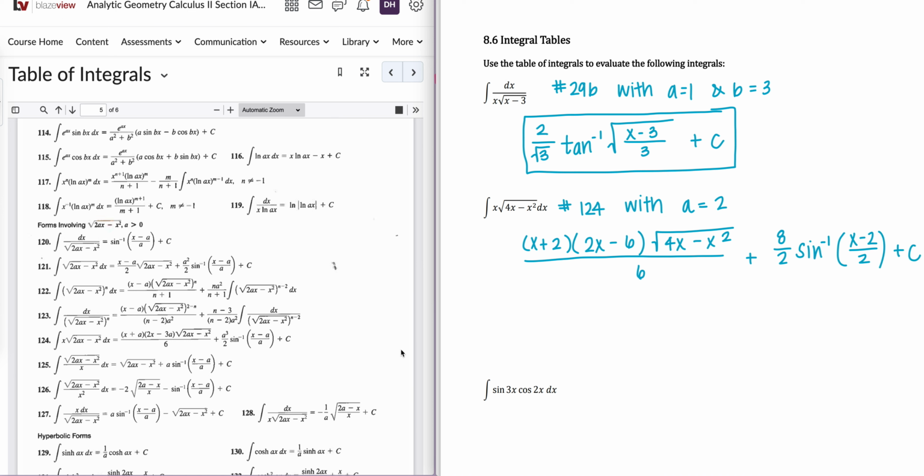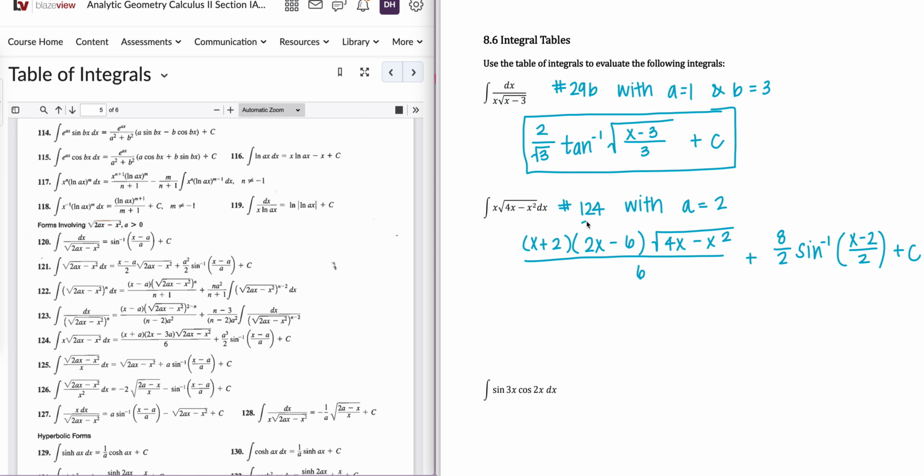Now this one, I will go one more step. I'm going to clean it up a tiny bit, and very obviously 8 divided by 2 is going to become a 4. But also here in the first term, the 2x minus 6, I'm not going to rewrite the whole thing, but the 2x minus 6 specifically is the same thing as 2 times x minus 3. And then that 2 that was pulled out, I can cancel here with the 6.